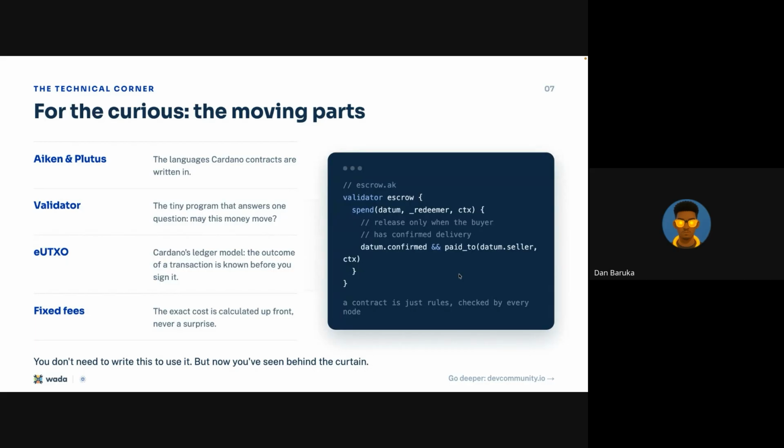This is just for those who may want to go deeper. If, for example, you want to build a smart contract, you need to use at least Cardano smart contract languages like Aiken or Plutus.